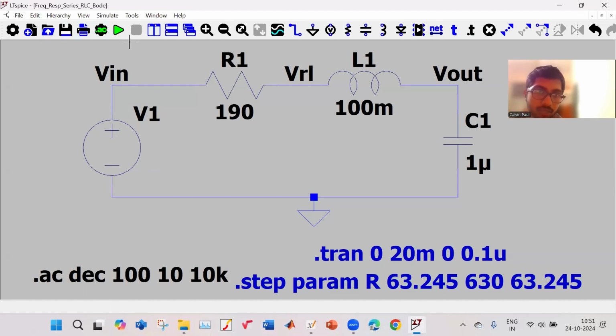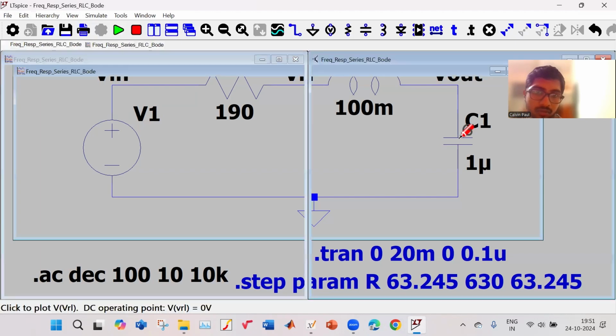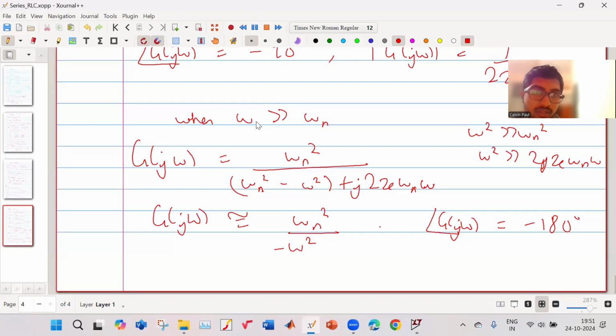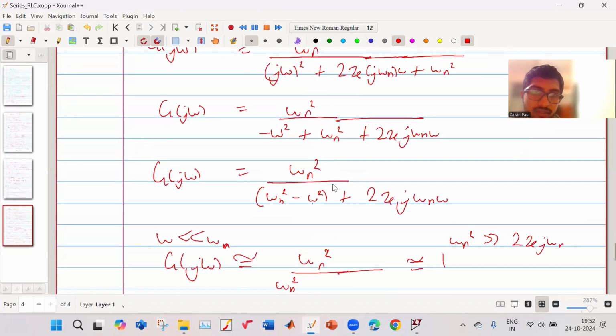So now we will draw the Bode plot. This is how the Bode plot will look, where there is a gain plot and this is the phase plot. So let us go back over here and let me do some further calculations.